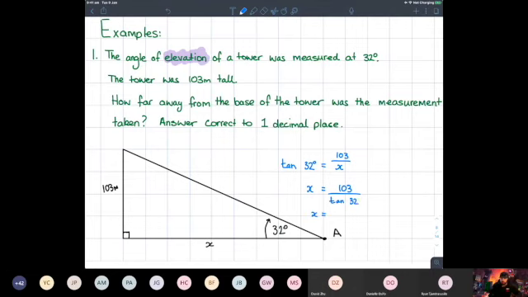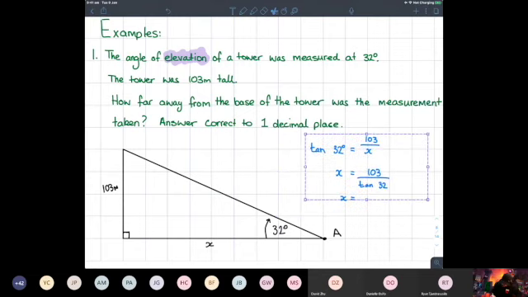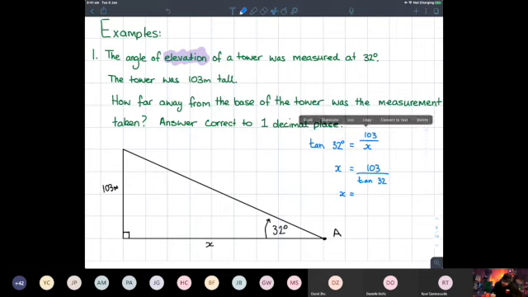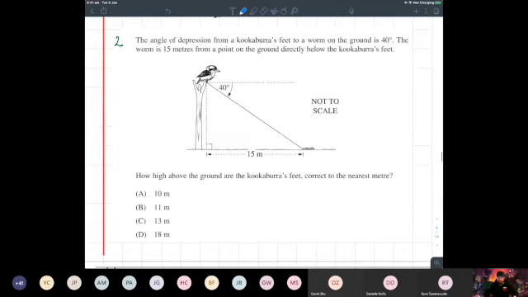So X will equal, and we're asked to 1 decimal place, 164.834 dot dot dot. So it's going to equal 164.8 meters. Example 2, I've actually taken this example straight from a general mathematics HSC from a few years ago.